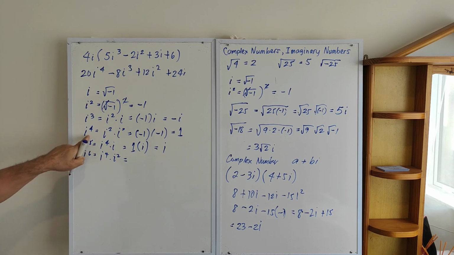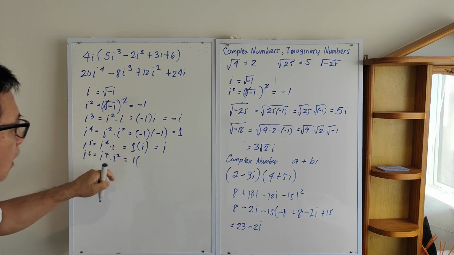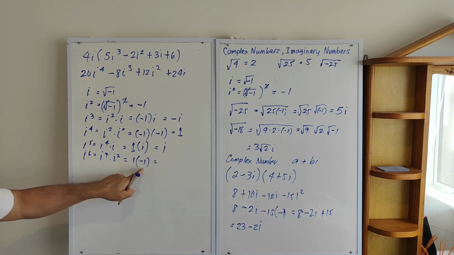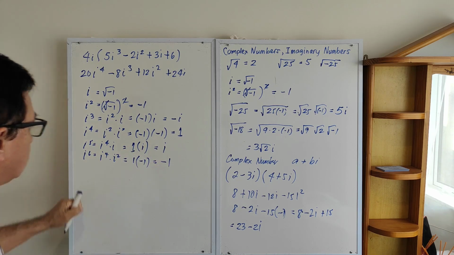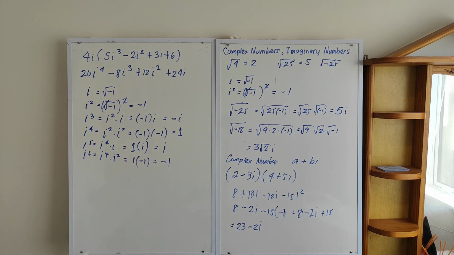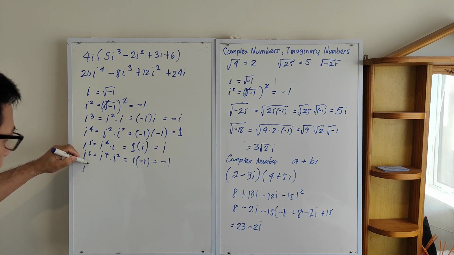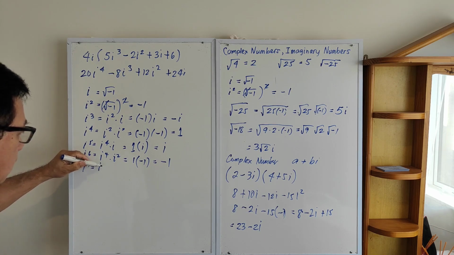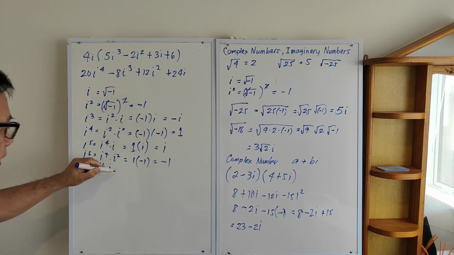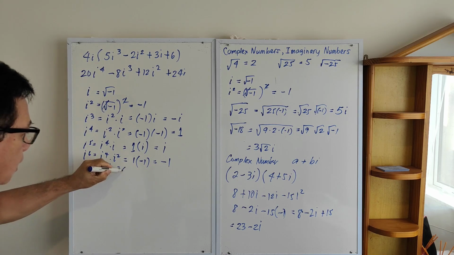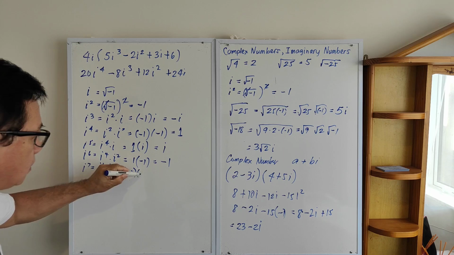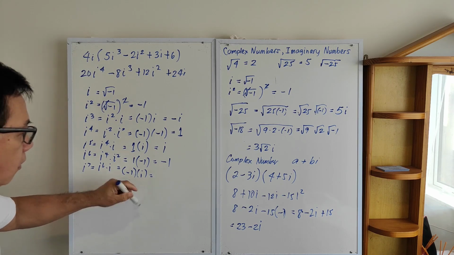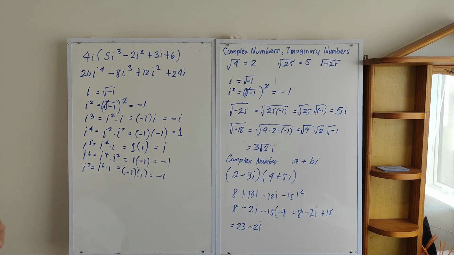So i to the 4th is equal to 1, and i squared is equal to negative 1. So if we multiply 1 times negative 1, it is negative 1. So i to the 6th is equal to negative 1. i to the 7th, so that would be i to the 6th times i. But we know that i to the 6th is equal to negative 1, and then times i. So i to the 7th will be negative 1 times i, which is negative i.